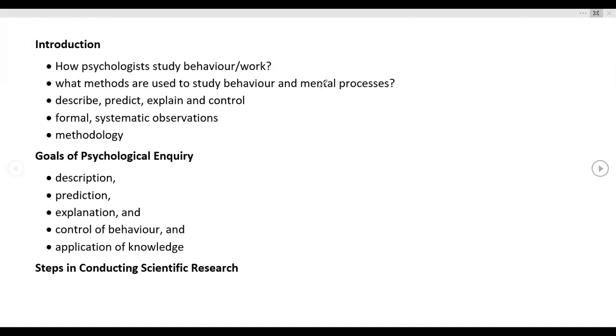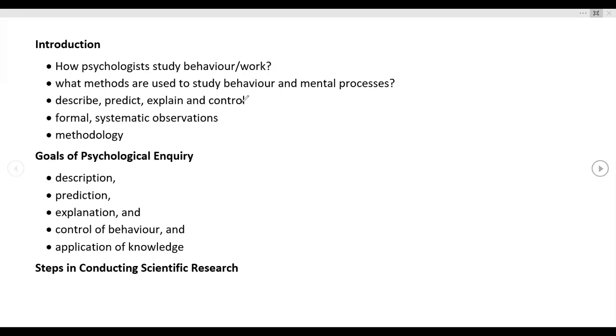In the earlier session, in unit 1, we understood what is psychology and what are the applications, etc. In unit 2, we'll try to understand how psychologists work. So that is the main theme of this unit.